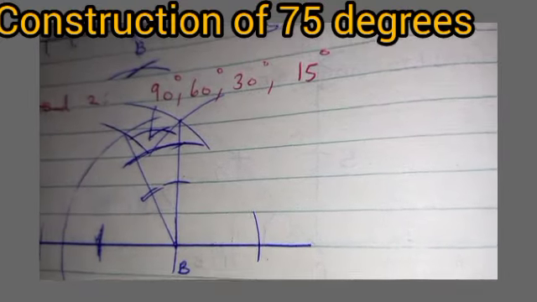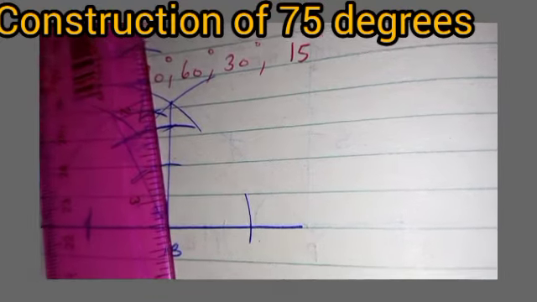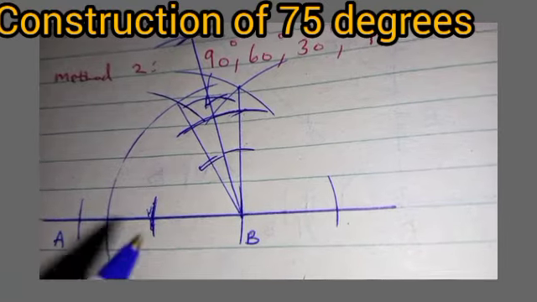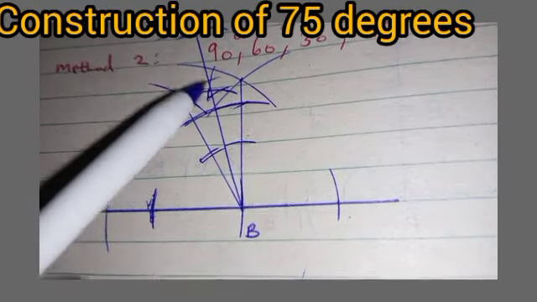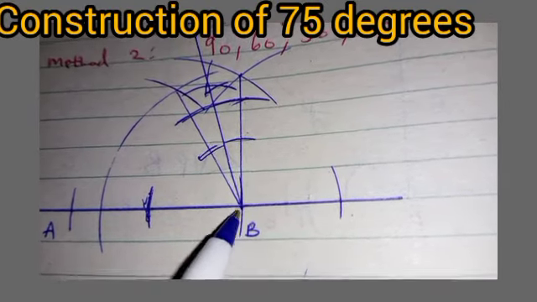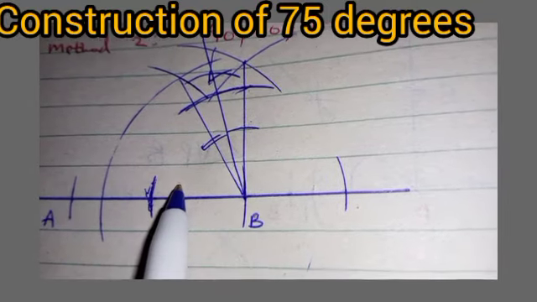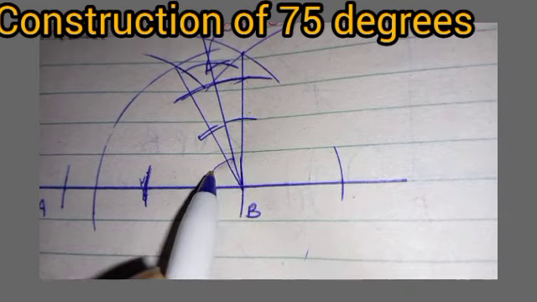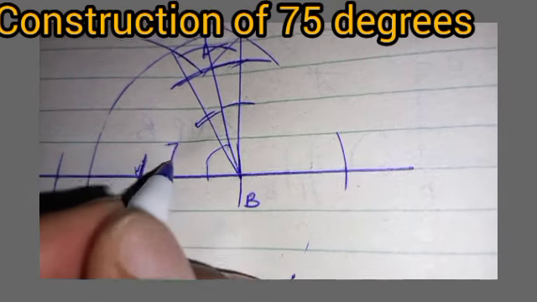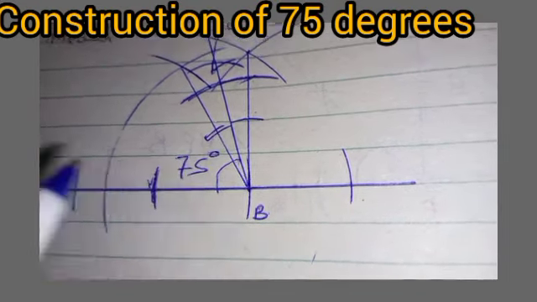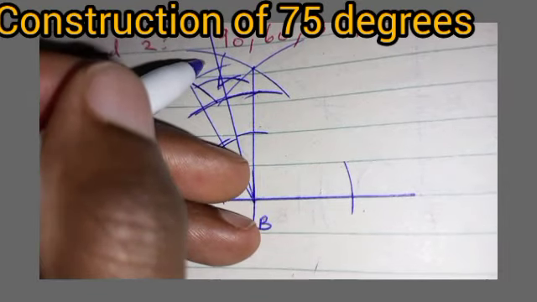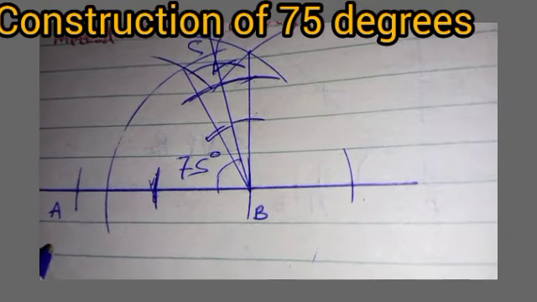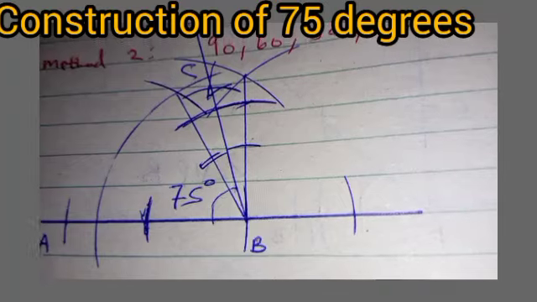Then using a ruler, you join the two. So this angle is 30 degrees, this is 15 degrees, so this angle here will be 75 degrees. You can call this point C. Angle ABC is 75 degrees.